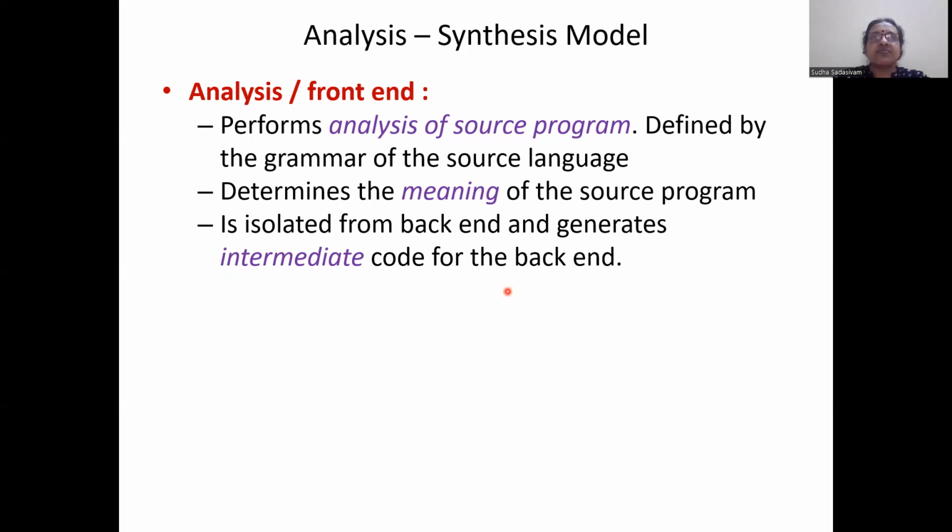This analysis phase generates a code which is called the intermediate code, which forms the input to the backend. So the first pass, the analysis pass, generates an intermediate code into the hard disk, and this intermediate code is read by the backend of the compiler, or the synthesis pass of the compiler.